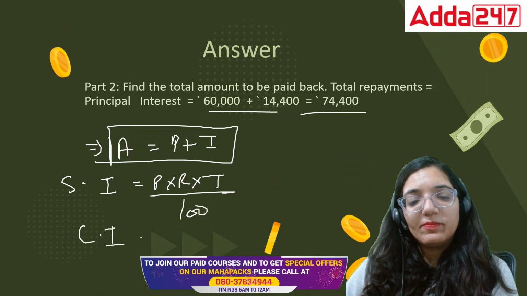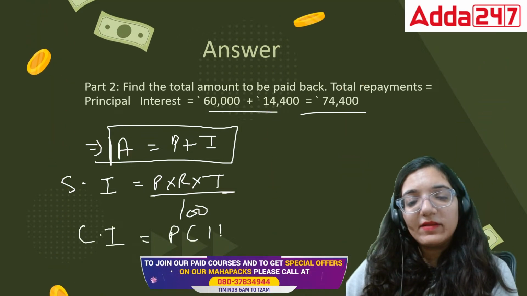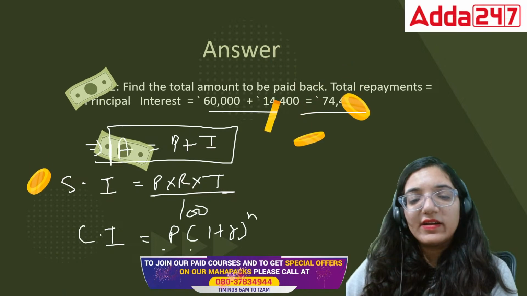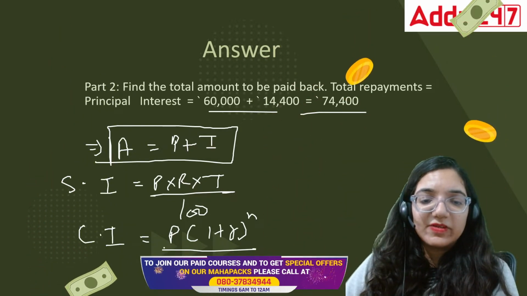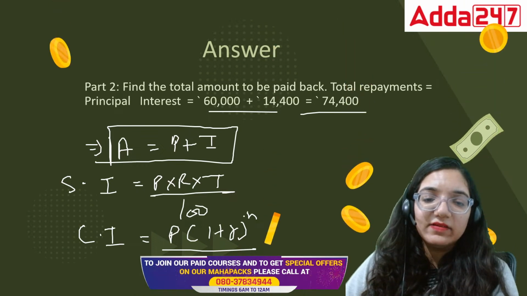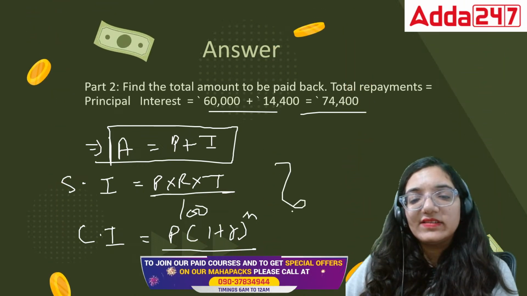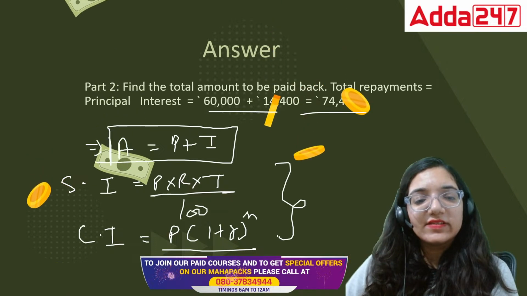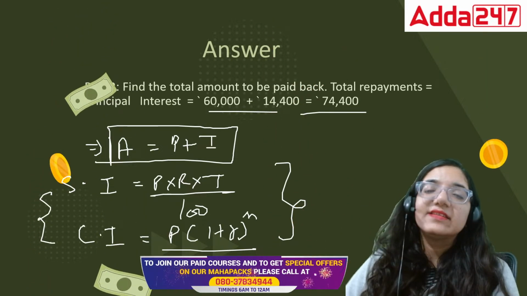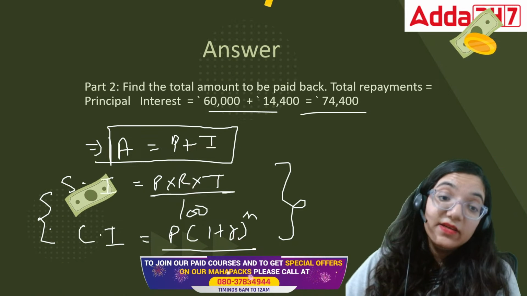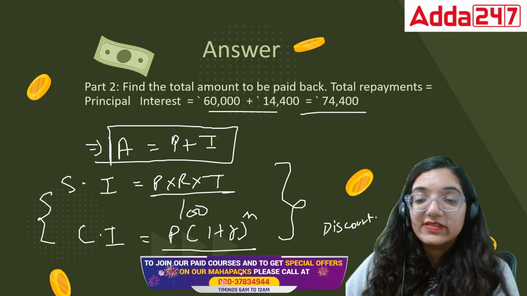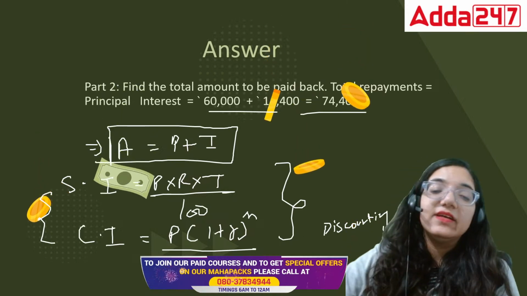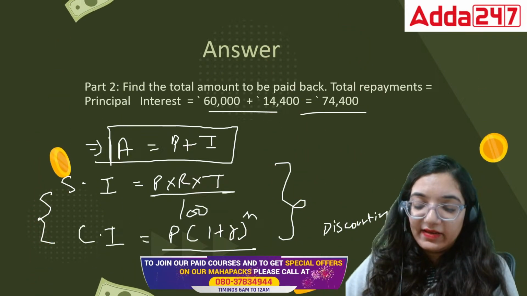The formula for compound interest is P(1 + R) raised to power n, the principal times (1 + R) raised to the power of the time. So these are the formulas that we use in business, SI and CI. And when we talk about discounting, we follow P(1 + R) raised to power n only.